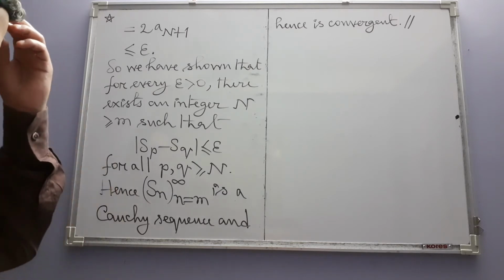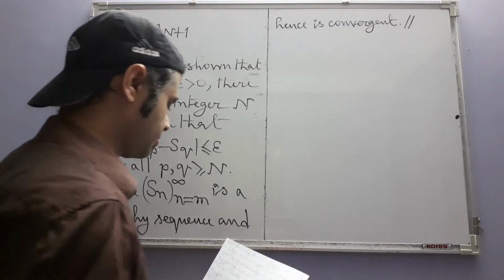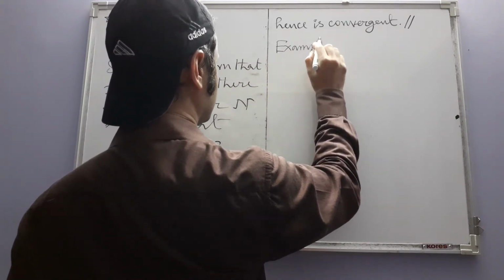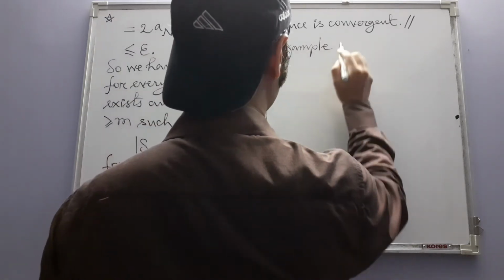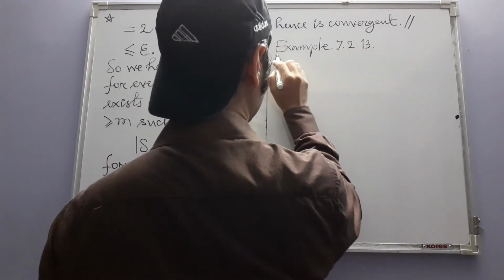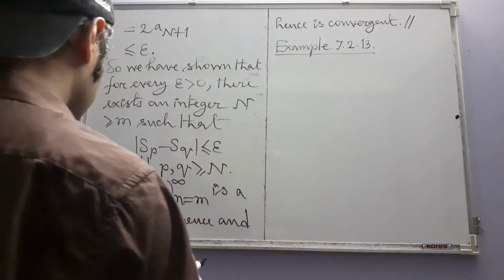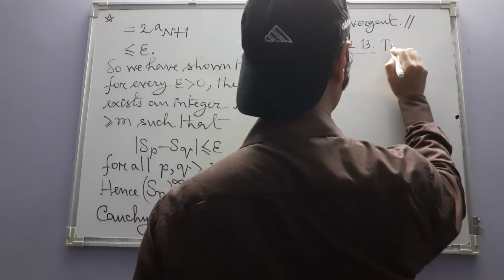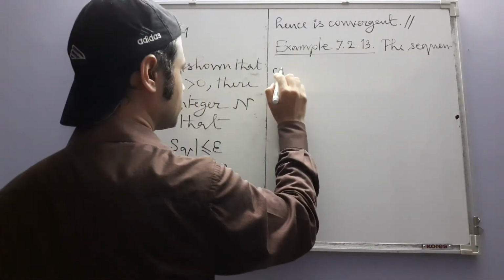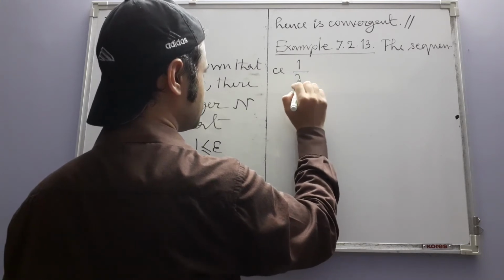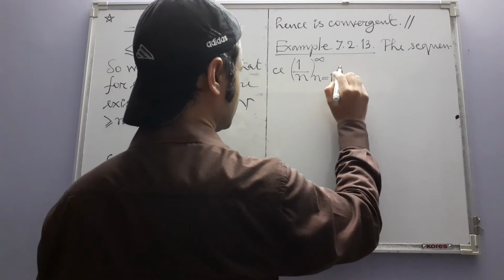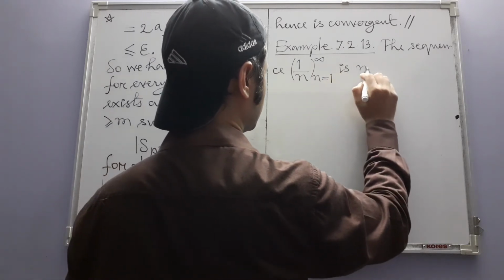Now let's see one example which illustrates this test. This is example 13, item number 13 actually. The sequence of reciprocals of the positive integers is non-negative.